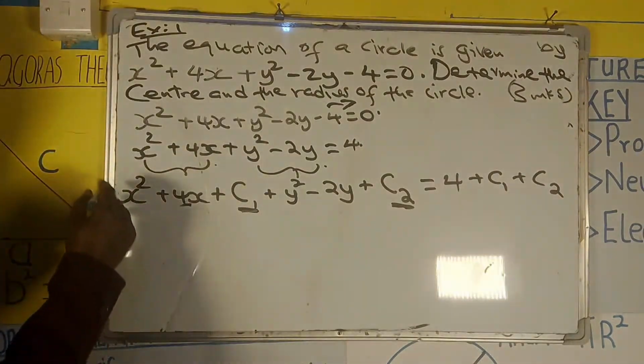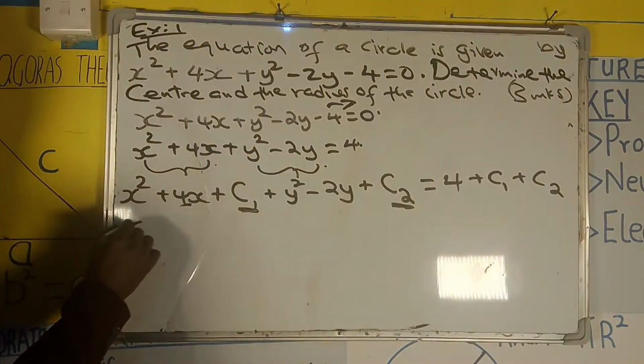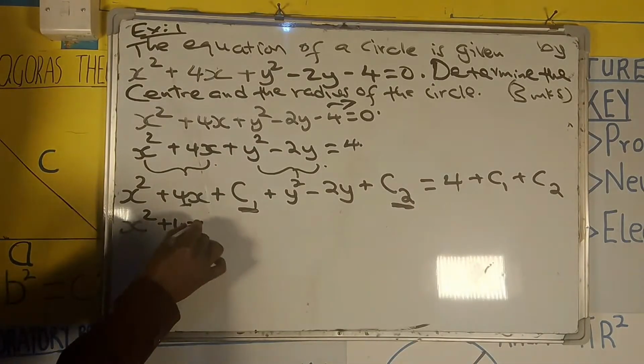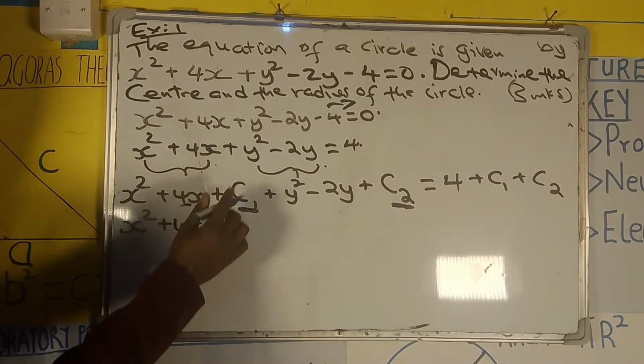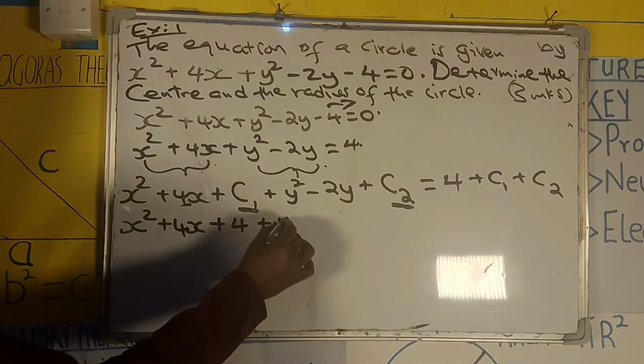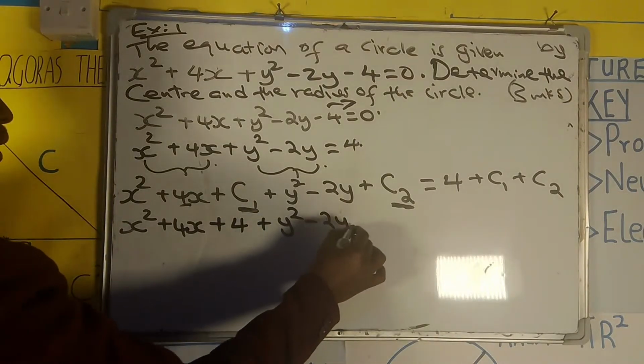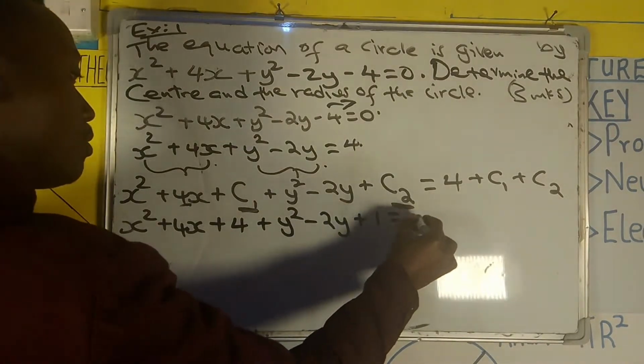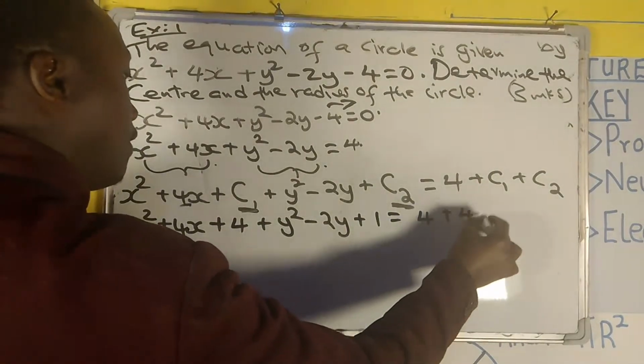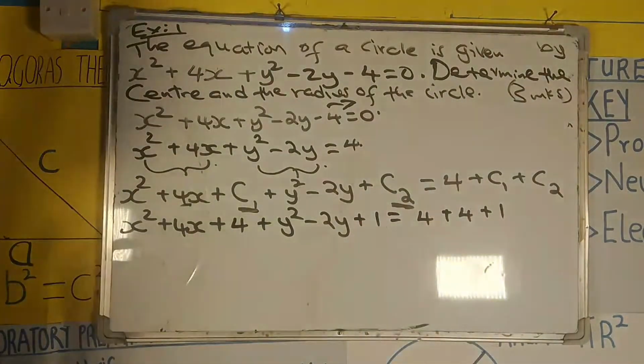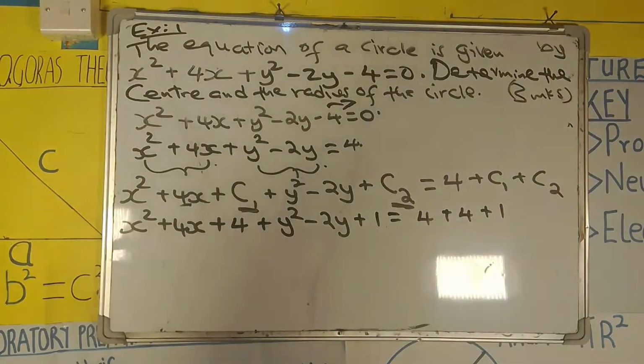So it will be h squared plus 4h plus 4 plus y squared minus 2y plus 1 is equal to 4 plus 4 plus 1.